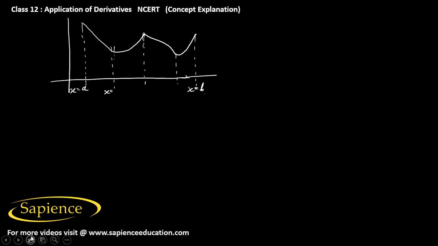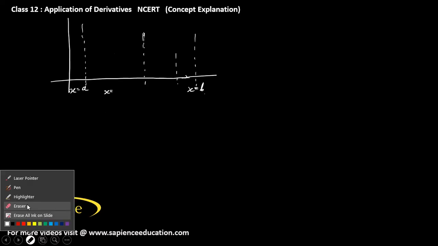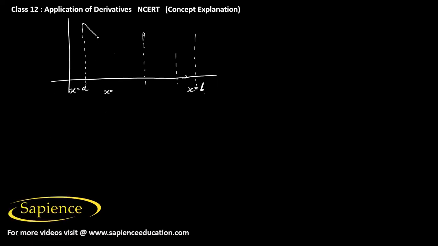So therefore this point is suppose x equal to c3, this point is x equal to c1, and this point is x equal to c2. So at point c2 we have a kink, which is a sharp edge.